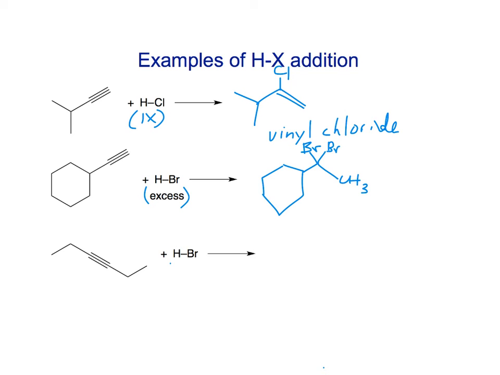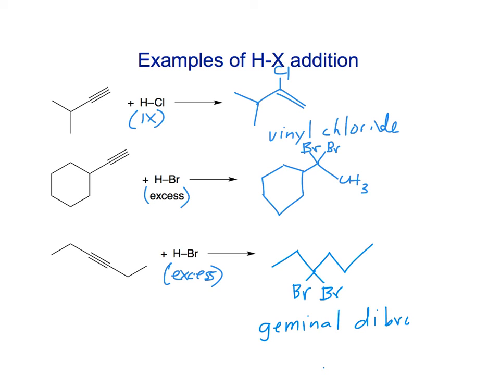But if we add an excess here, we know that both bromines will end up attached to the same carbon. Whenever we have two of these groups, bromine or chlorine, attached to the same carbon, it's called a geminal dibromide. Geminal means on the same carbon.